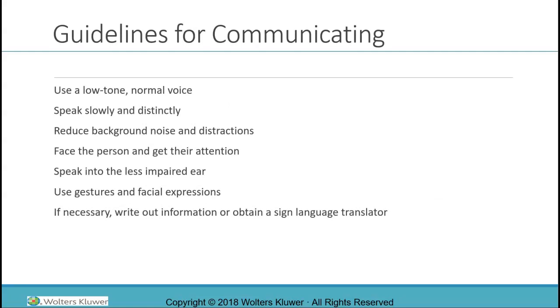So, guidelines for communicating. We've spoken about this previously in Nursing 101, so I'm not going to go over these, but certainly, just using some common sense, speak directly to the person in front of you so that they can see your face and your facial expressions. Those nonverbals are a big part of communication. Even if they're not really good at lip reading, you can discern some of the verbiage based on the movements of the mouth.